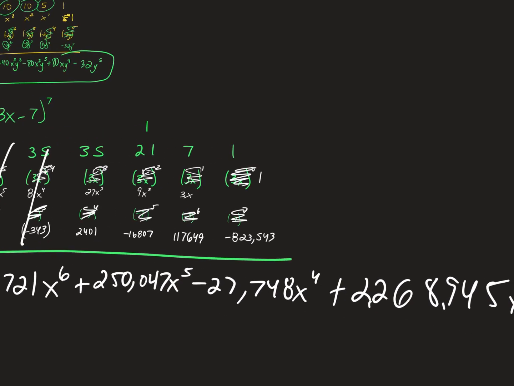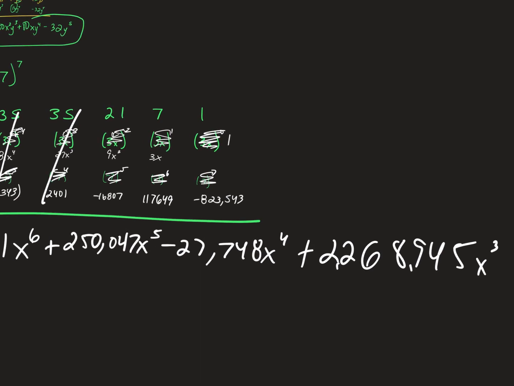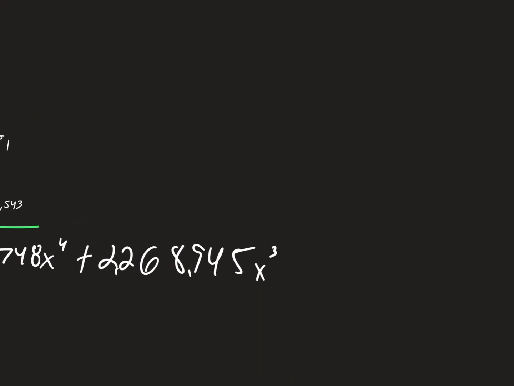Okay, that one's done. All right, so now we have 21 times 9 times negative 16,807. Should be a nice tiny little number. There we go. So I have minus 3,176,523 x squared. Again, guys, you're using your calculators.